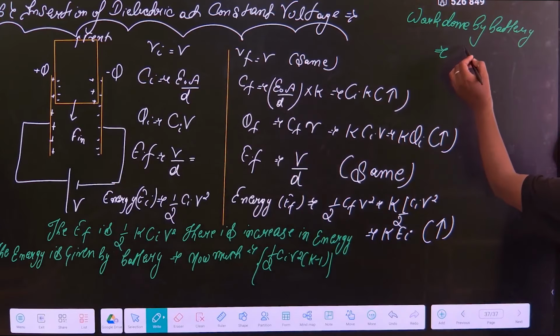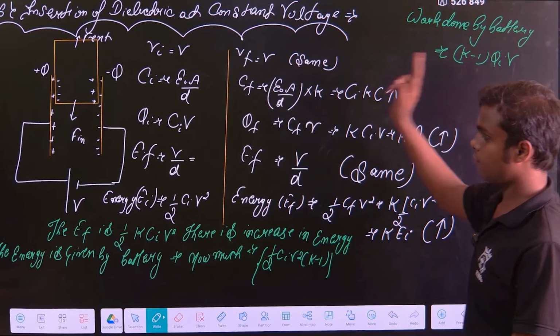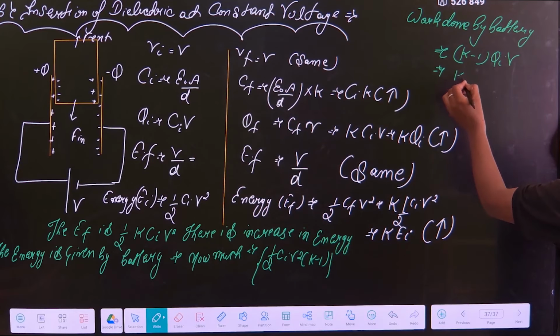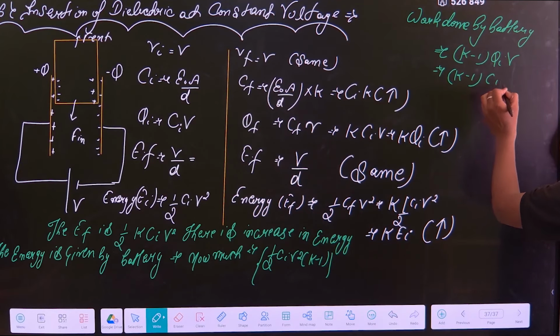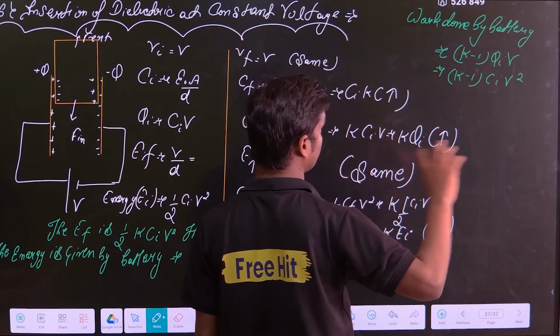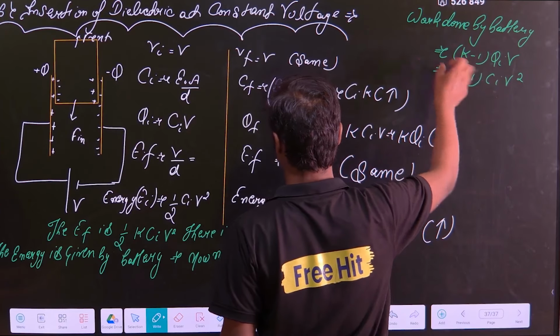So how much charge is flown? K minus 1 into Qi. And what is the potential? That is V. This much charge has flowed from here to here. Or you can write it as K minus 1 into Ci into V square. Correct? That is the amount of work which is done by the battery. Are you getting my point? This is the amount of work, or you can say energy, which is given by the battery.